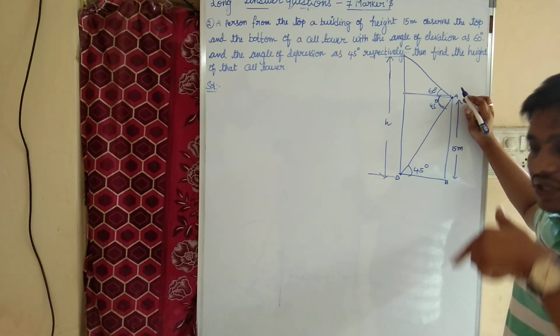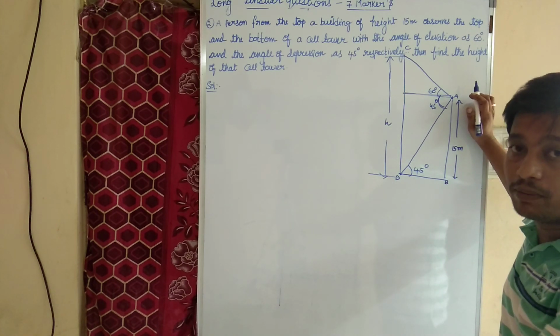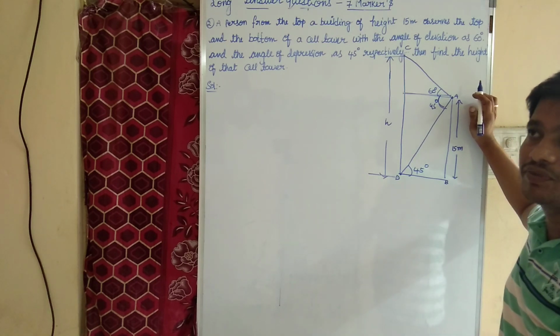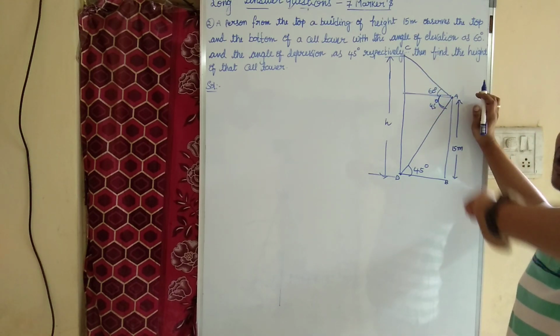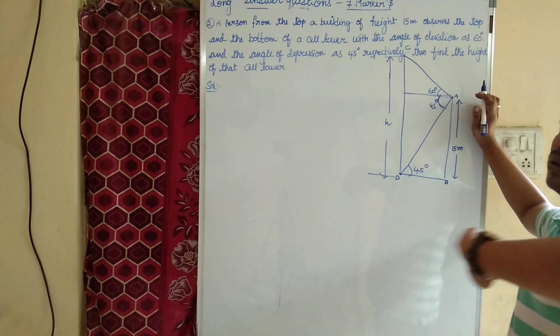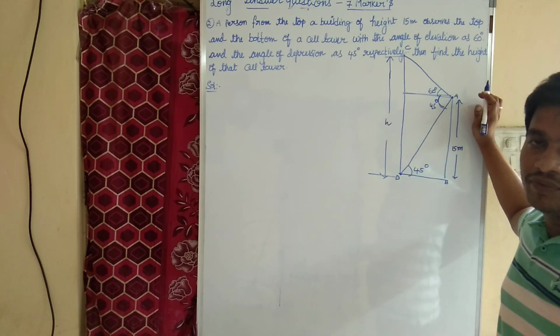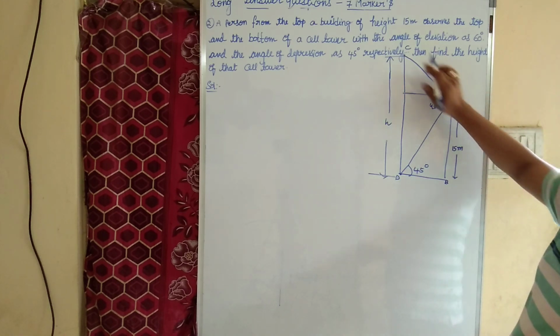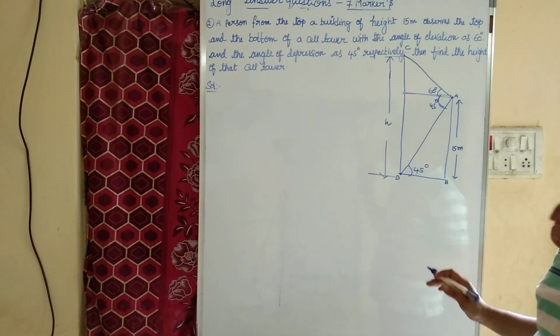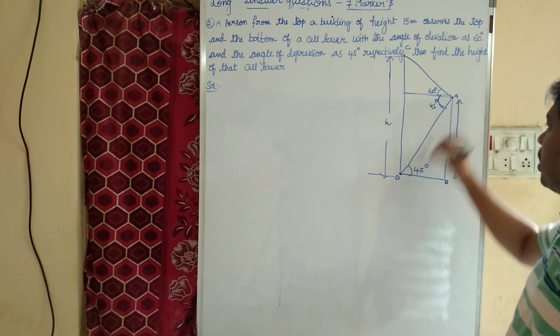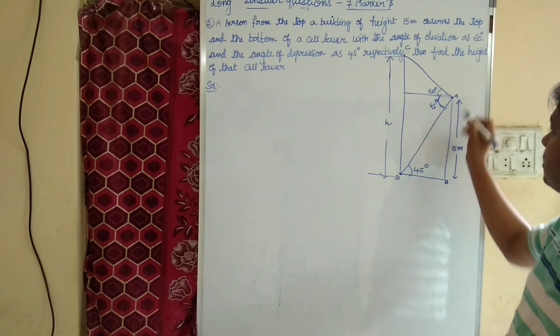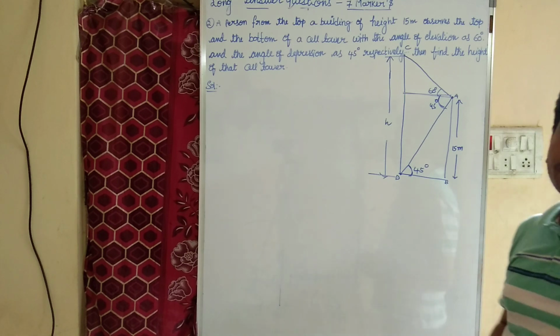At the same time, he is also observing the bottom of the cell tower with an angle of depression. If you see above the horizontal line, angle of elevation. If you see below the horizontal line, angle of depression, right? So he is observing with an angle of elevation of 60 degrees as well as with an angle of depression 45 degrees downward. If it is 45 degrees, then this will also be 45 degrees.